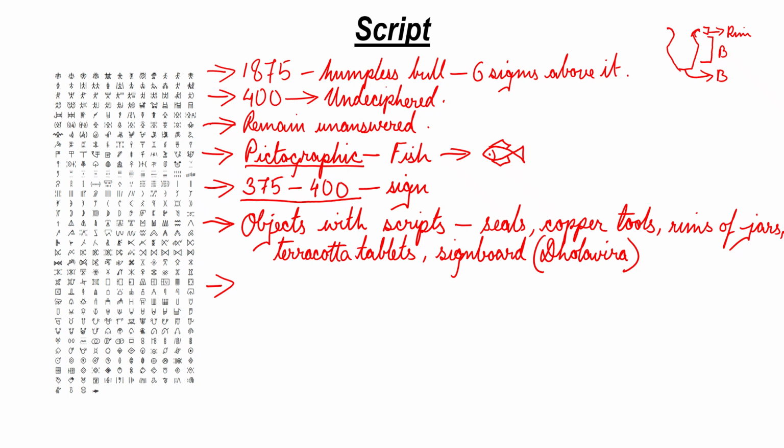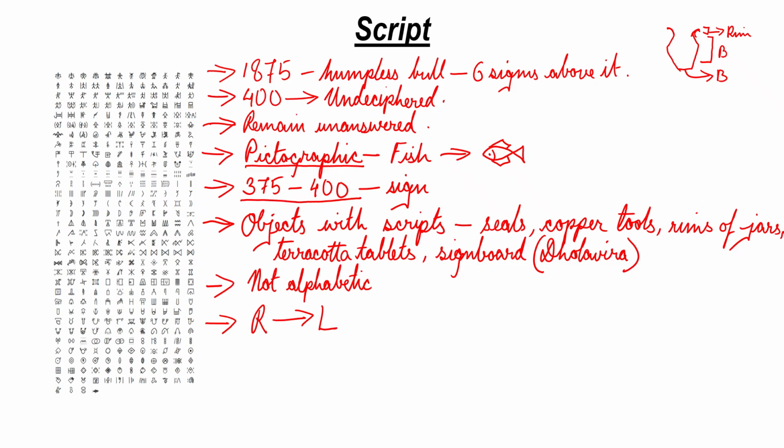Next, we need to know that the Harappan script was not alphabetic, because it was pictographic. In many books it is written that it was written from right to left.